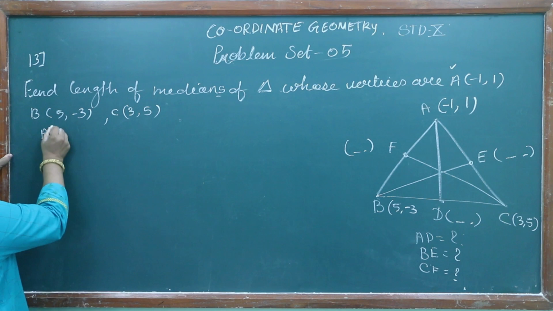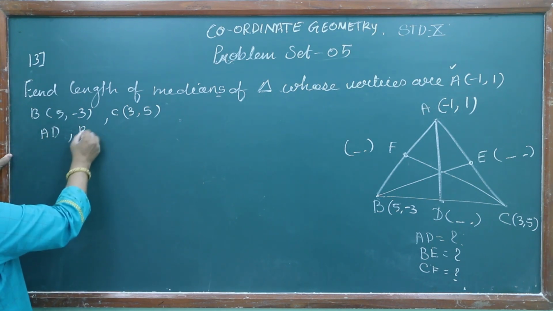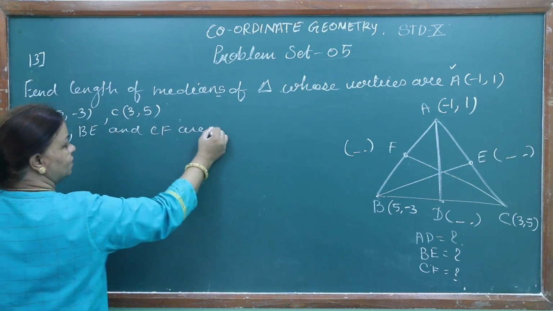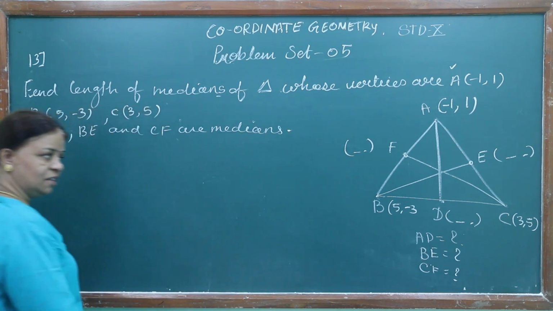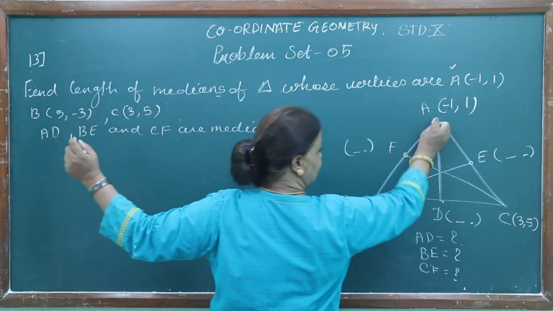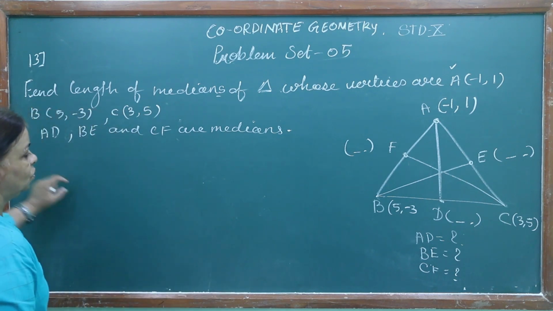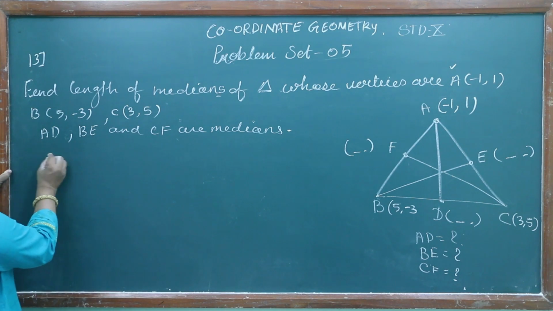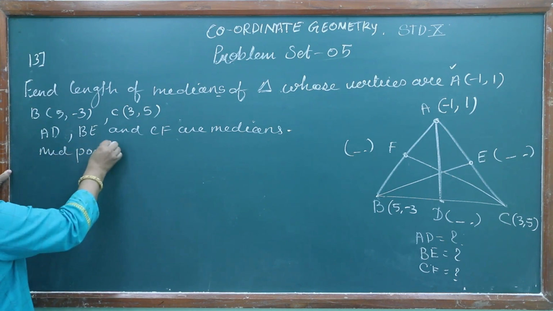See, AD, BE and CF are medians. So A is the vertex point and D is the midpoint. That means if D is the midpoint, we can use the midpoint formula to find the coordinate.